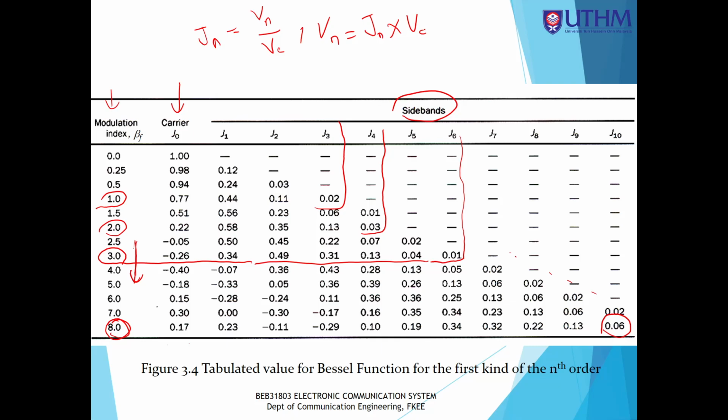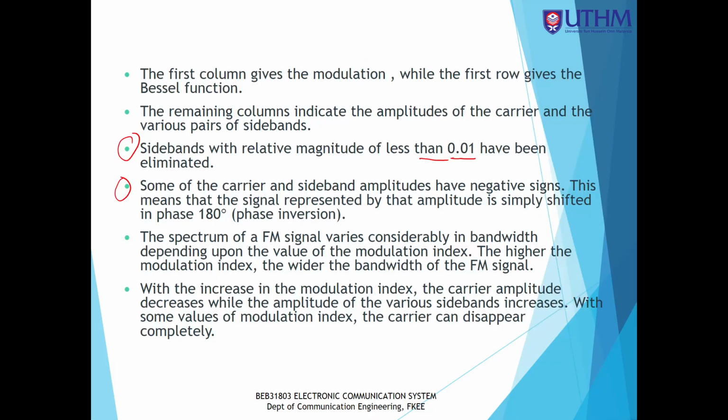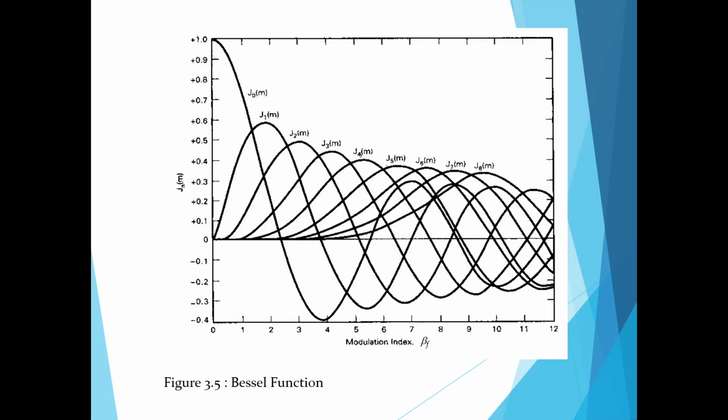And the Bessel table is actually produced based on this Bessel function. Actually, the table was obtained based on this graph. We produce the table based on this graph, which is J versus beta.